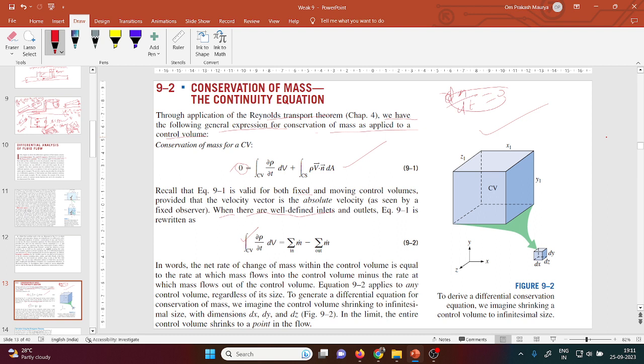If you take this side, some minus. So this is the change in density with respect to time or with respect to control volume. Mass in and mass out, this is basically the mass balance you already know. The mass in and mass out is equal to something stored. So this concept is derived from that point.